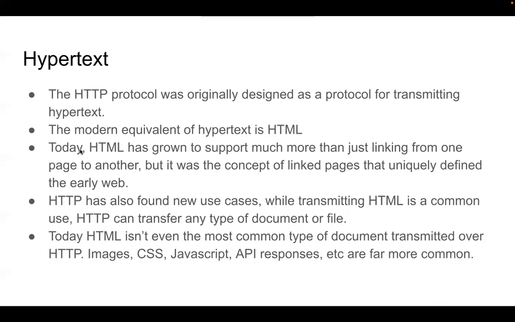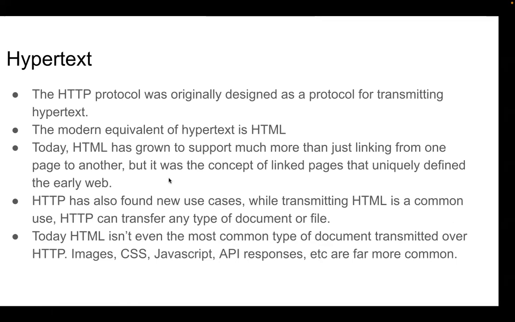And even though HTML has grown to be more than just linking one page to another, HTTP has also found new use cases. It transmits HTML, but it also transmits images, CSS, JavaScript, API responses, all of that stuff.